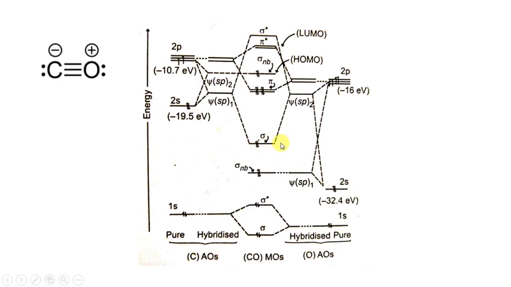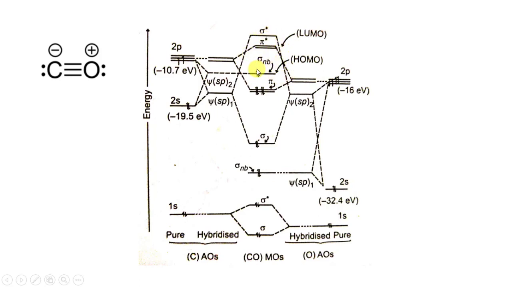This is the sigma bonding orbital coming from the overlap of two hybridized orbitals. So this is our pi bonding orbitals, this is another non-bonding orbital which will become the lone pair over carbon finally, and these are the pi star and sigma star orbitals.